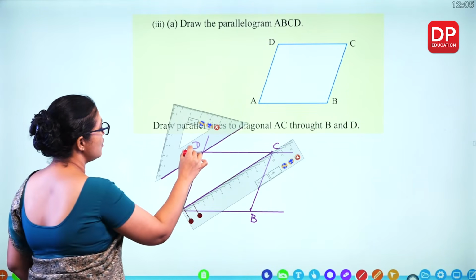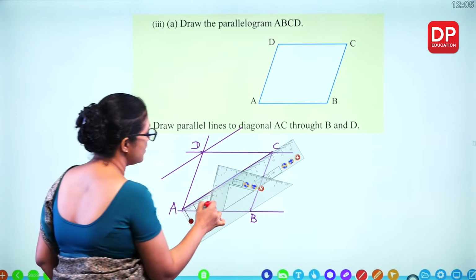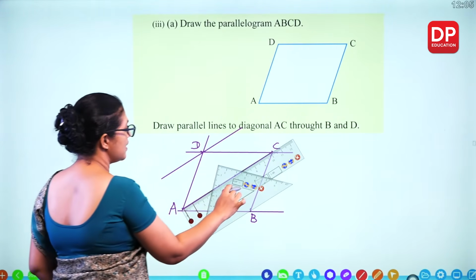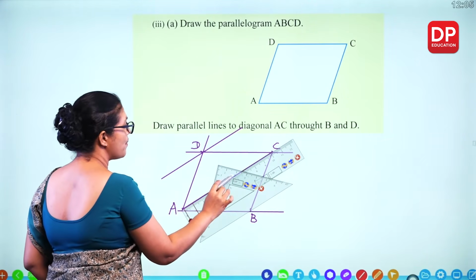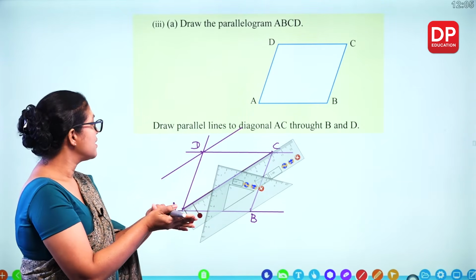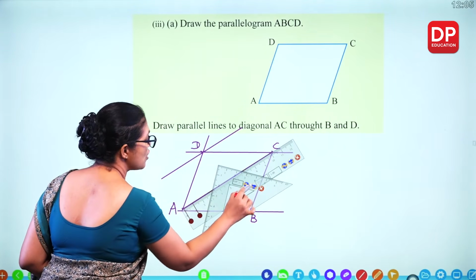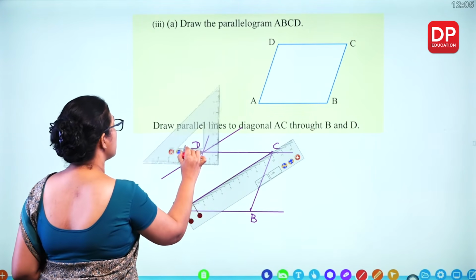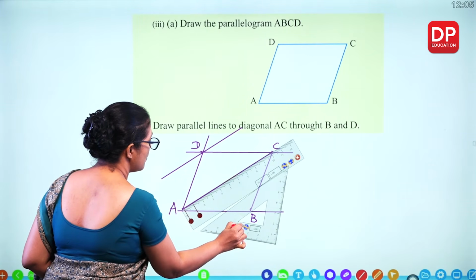So again you take the set square, keep it on top of this one in the same way. You don't need to change it. If you want to do it properly, when you are taking the set square, don't turn. If you think that you can't take that measurement, you can again take this way, on top of this ruler.